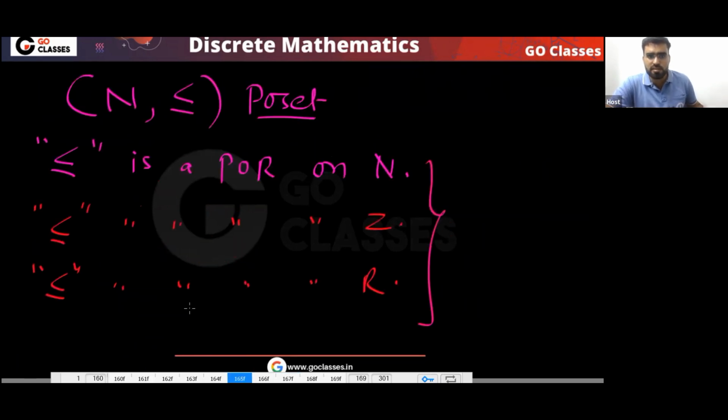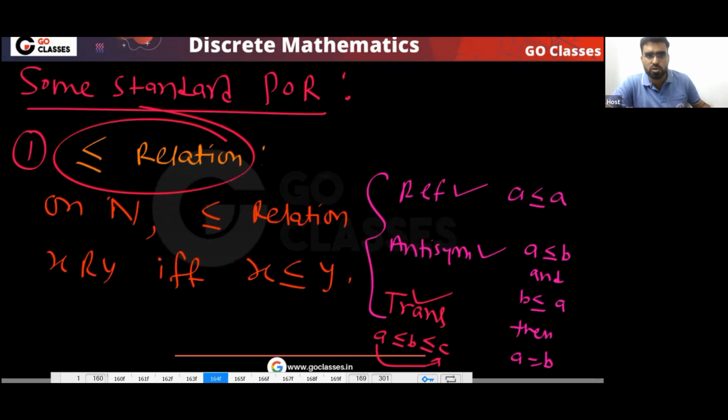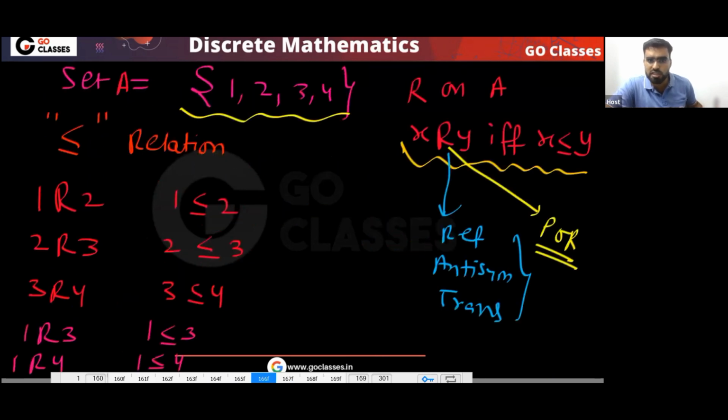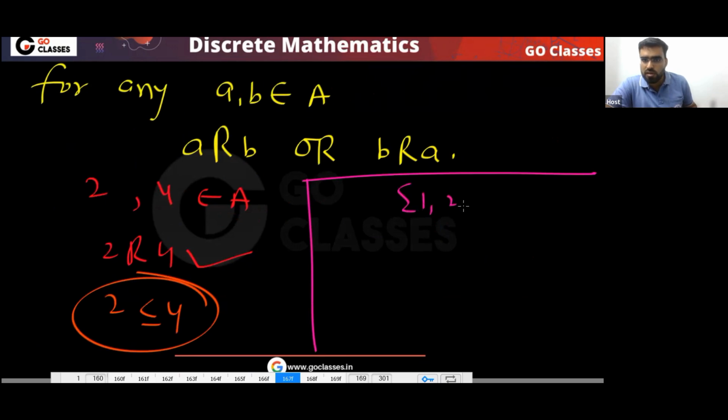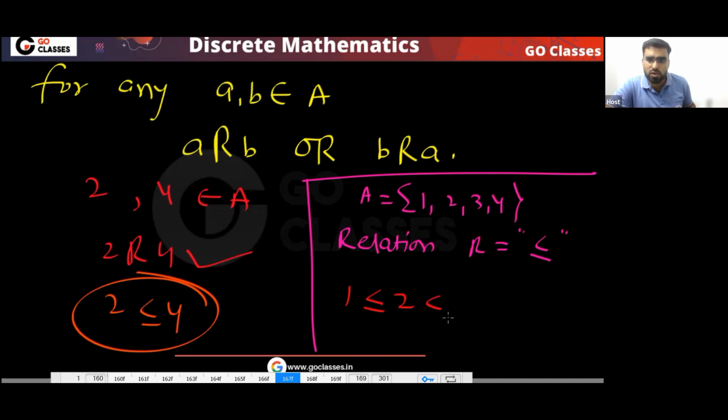So this relation, the standard relation less than equal to, is a partial order relation. And what this will do is give an ordering on the elements of the base set. Because of this relation, we got ordering: 1 is less than equal to 2, 2 is less than equal to 3, 3 is less than equal to 4.